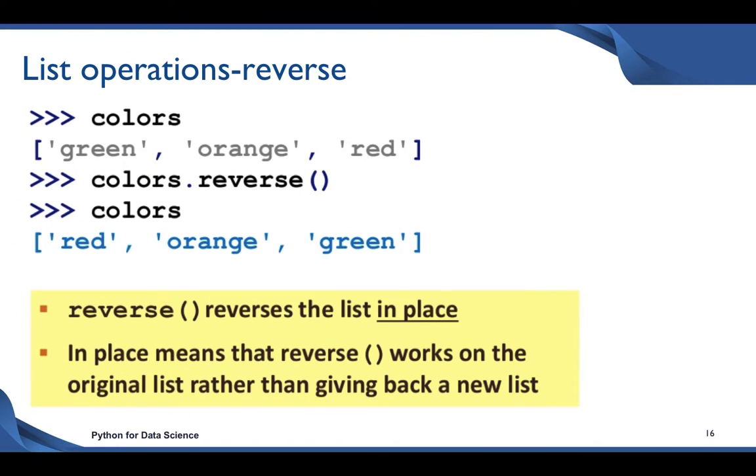Now we wanted to reverse the elements present in the list. Like that, green, orange and red, we wanted to replace the last element of the index to first and first to last. So this we can do by using the reverse method, and the reverse also reverses the list in place. In place means that reverse works on the original list rather than giving back a new list.